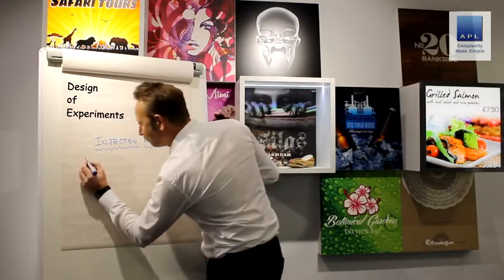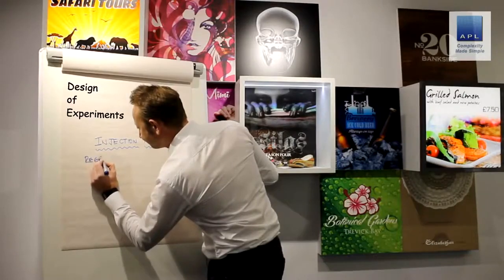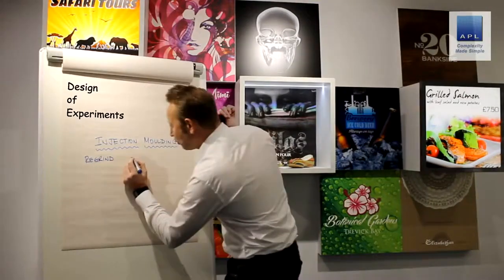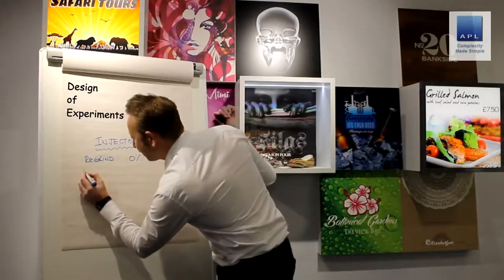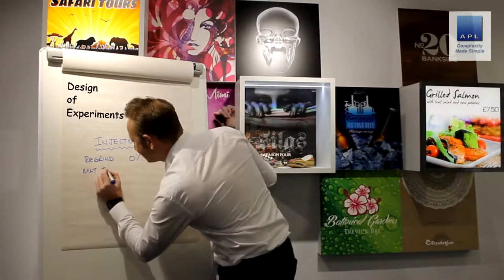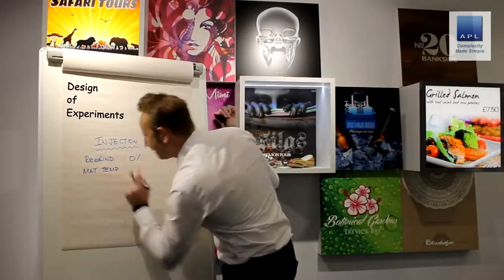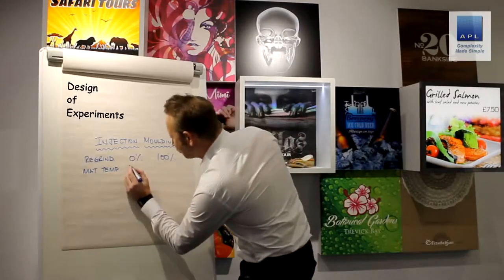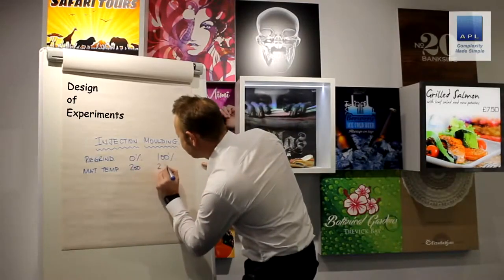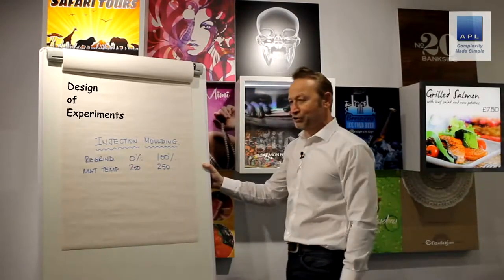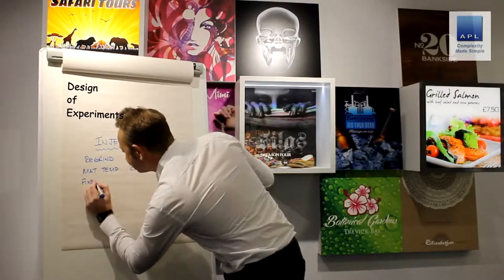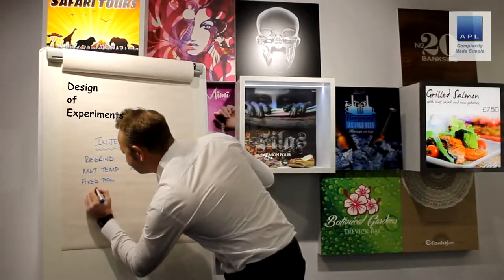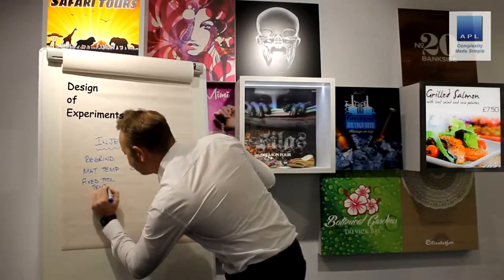So we're going to go regrind. We're going to go from 0% up to 100% regrind. We're going to go material temperature. So the material temperature could be 200 degrees, could go up to 250. We're going to go fixed tool temperature.